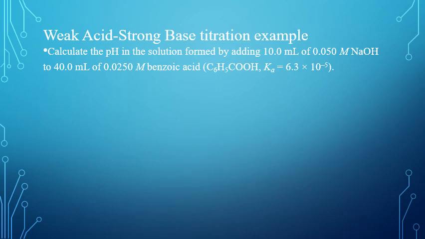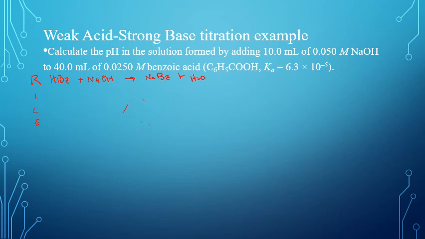So I'm going to start off here and abbreviate the benzoic acid as HBZ for us. So I'd have HBZ plus the NaOH forming, again, NaBZ and H2O. This is just my abbreviation to make it a little bit easier to write out. So I'm starting off my RICE table to determine what I need to do.